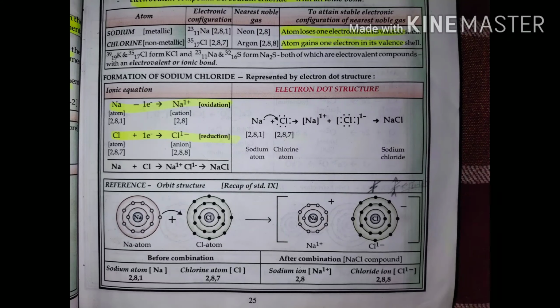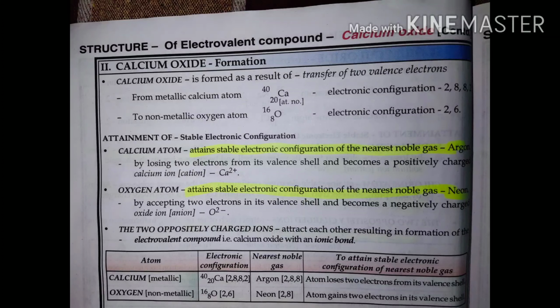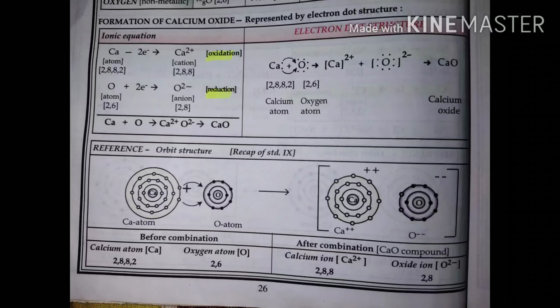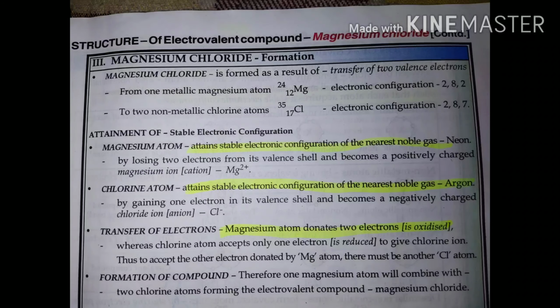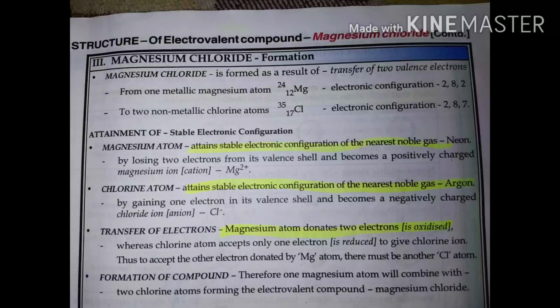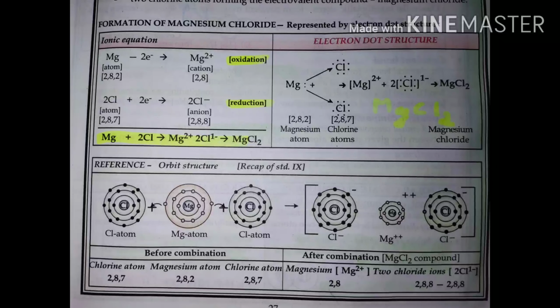Along with sodium chloride, on the next pages, the formation of calcium oxide and magnesium chloride is shown in the same manner. So I keep the study of the formation of these two compounds, calcium oxide and magnesium chloride, for self study. You can easily study these two parts.